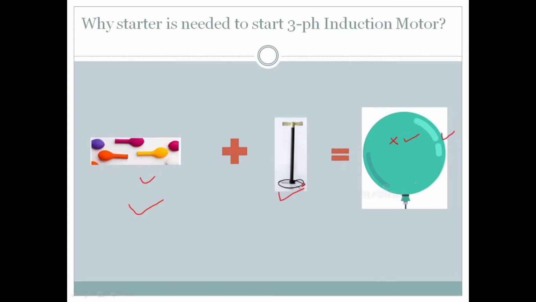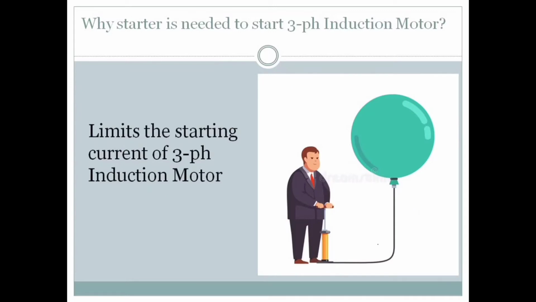If we put that x amount of air directly into the balloon, the balloon will not be sustained. Means we have to enter that much air in a controlled mode. We need a hand pump, and gradually we can increase the air so that the balloon expands, just like this.